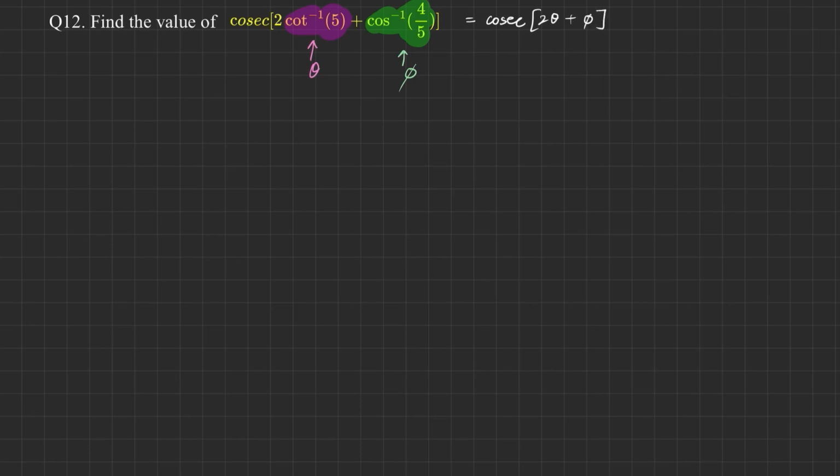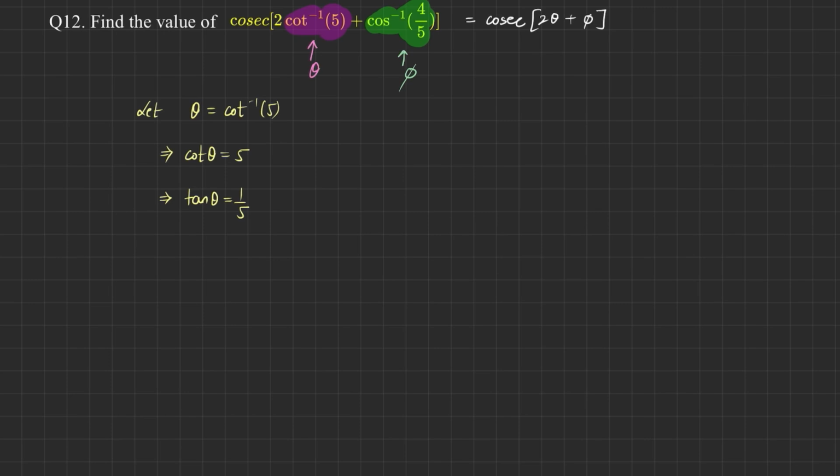So let theta equal cot inverse of 5. This implies cot theta equals 5. So this implies tan theta equals 1 over 5 because cot and tan are inverses of each other.